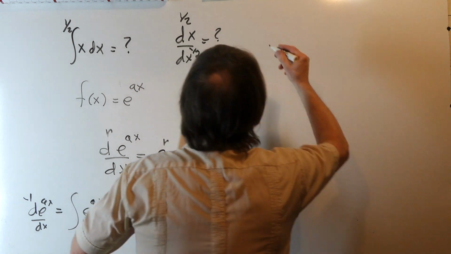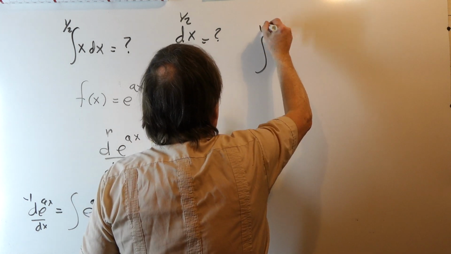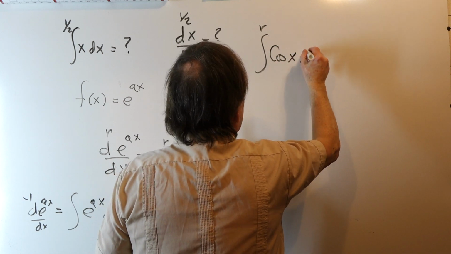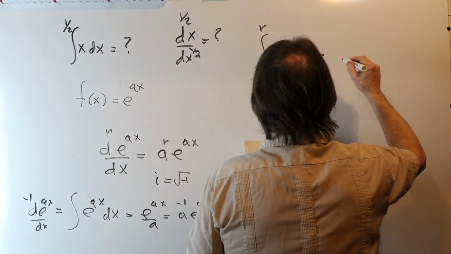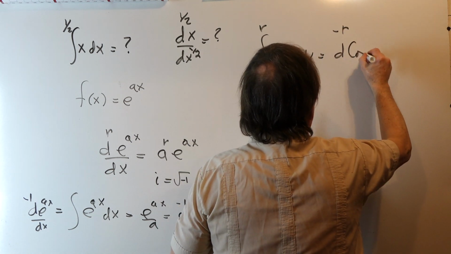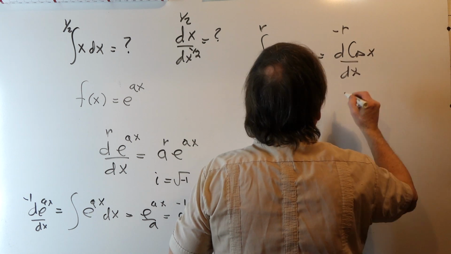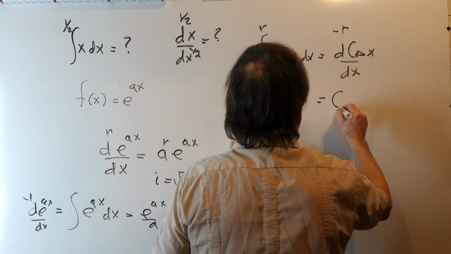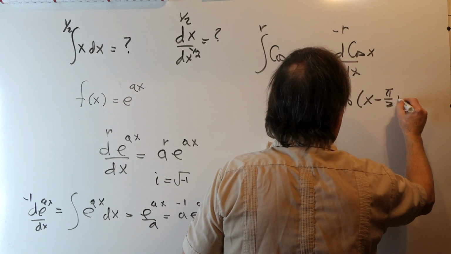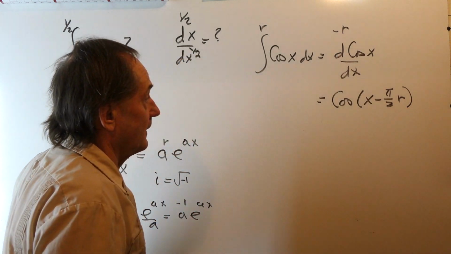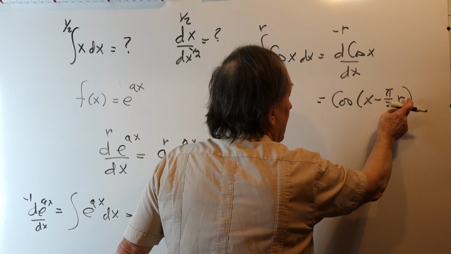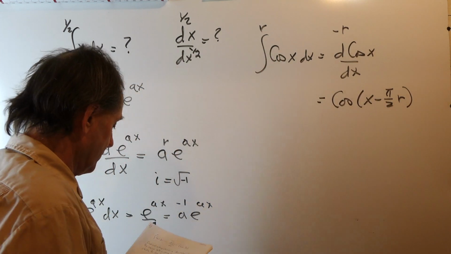And if we do that, say, for example, the rth integral of cosine will just end up being the minus rth derivative of cosine x, and this comes out, by combining complex exponentials, to that. That is, it phase shifts the cosine function by r times pi over 2.